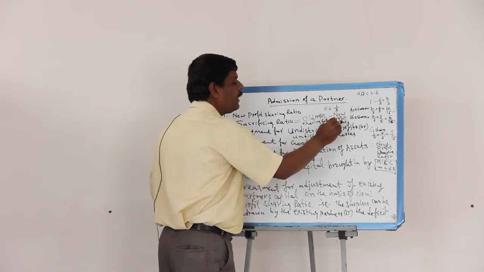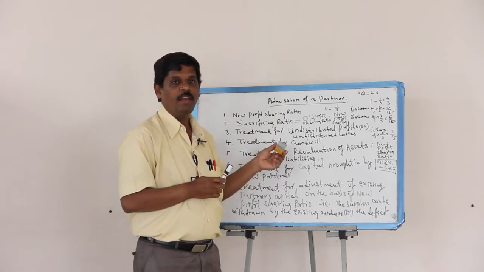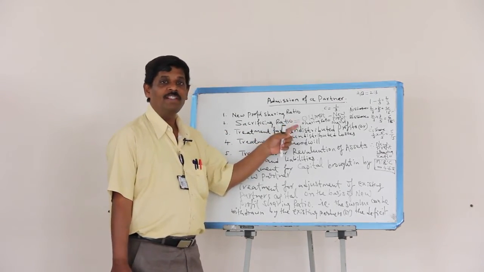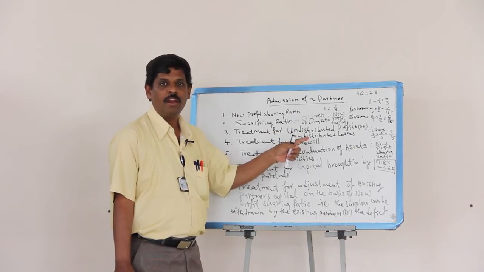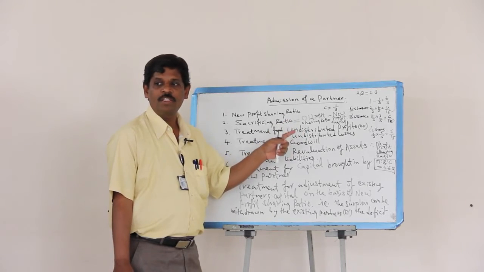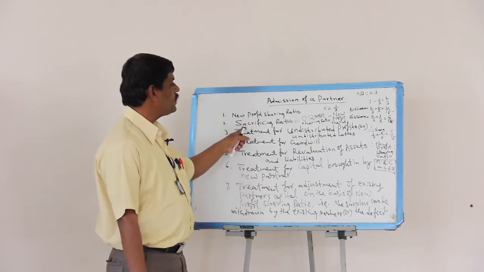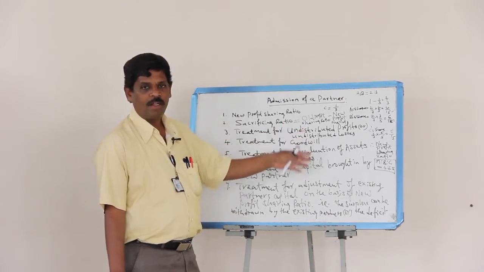Who is sacrificing? The existing partners A and B are sacrificing. So sacrificing ratio is calculated for the existing partners only. The new partner is going to get 1/3 share out of the total share which previously belonged to A and B. So sacrificing ratio is to be calculated for the old partners only.